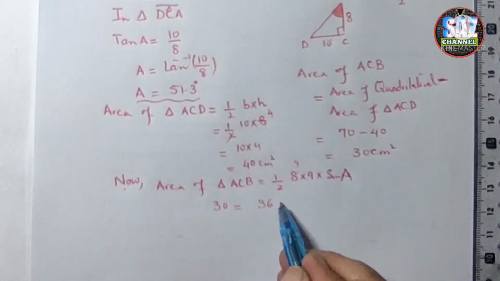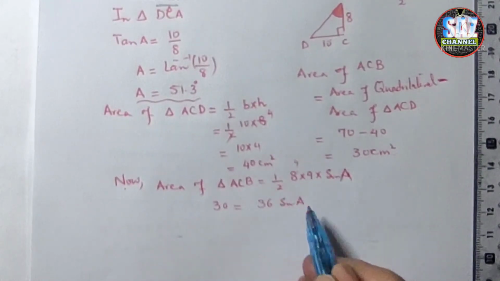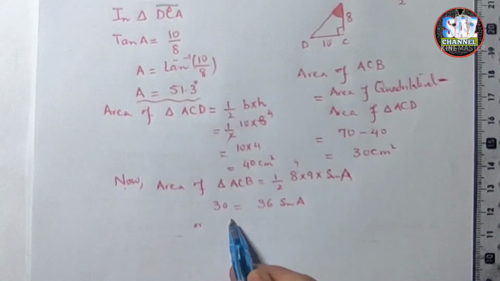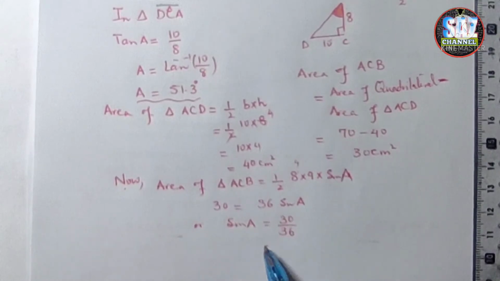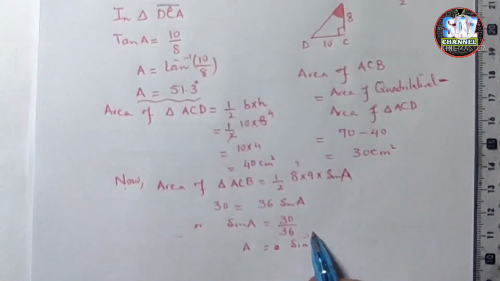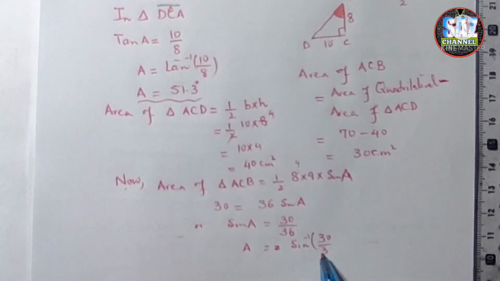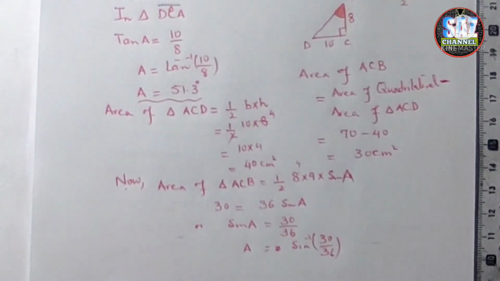Sine of angle A equals 30 by 36. This will give me angle A equals sine inverse of 30 by 36. Okay, now hold the calculator.